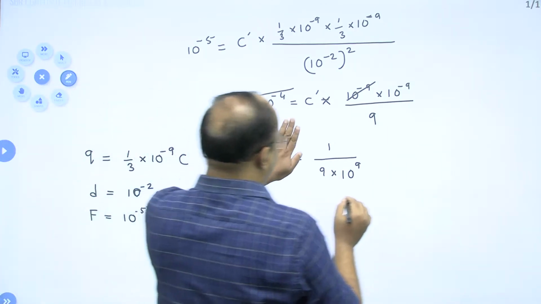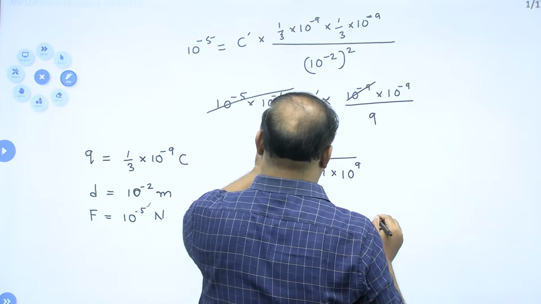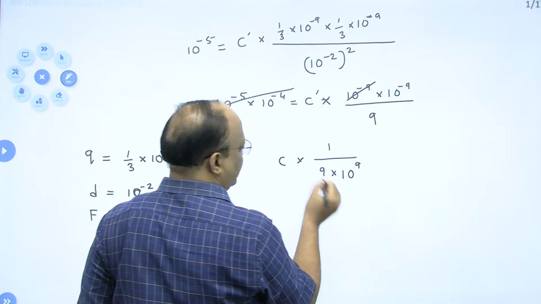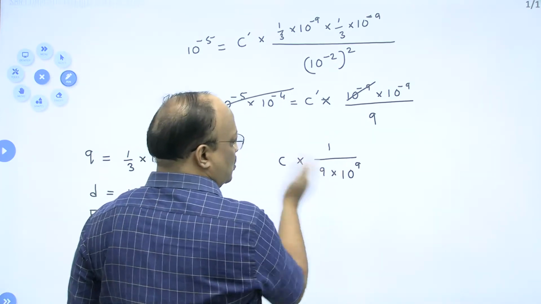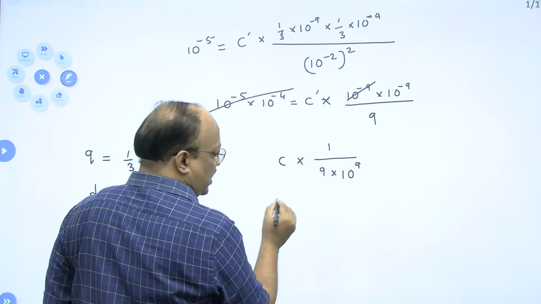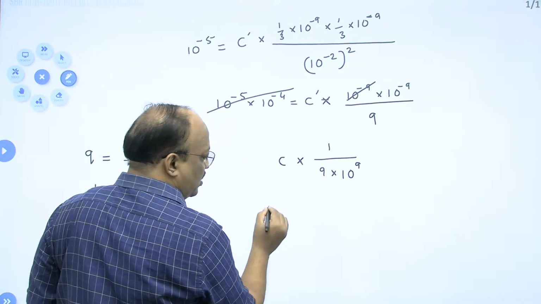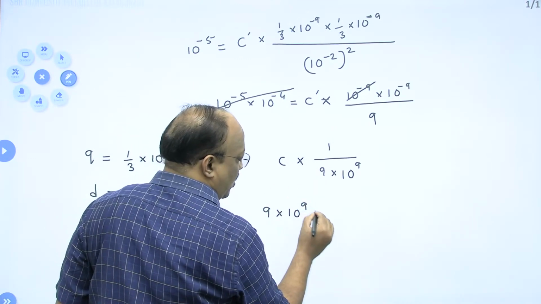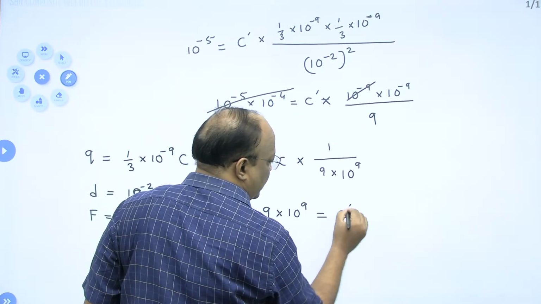If you take it to this side, C is equal to 9 into 10 to the power of 9 C dash.